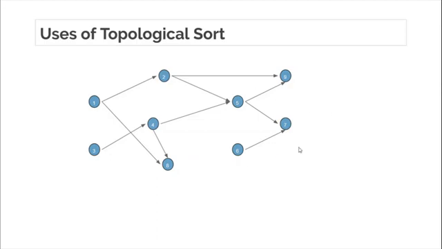So suppose you have this dependency graph, which you have created for project management. Say I want to start a Django project.